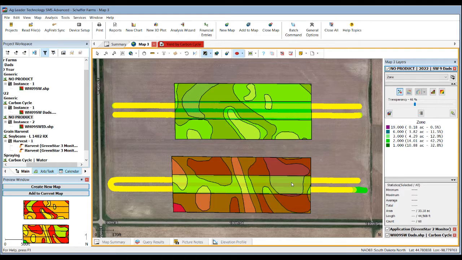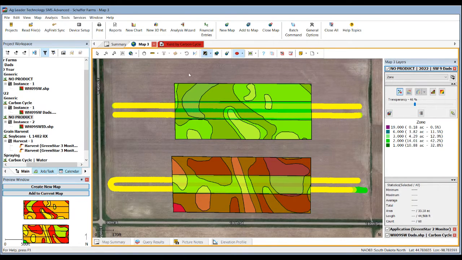Since SMS has given us such good analysis tools, I created in Analysis Wizard, because I have SMS Advanced, a way to analyze the harvest data by comparing both the management zone type, which would be 1, 2, 3, 6, or 19, against the Carbon Cycle areas, which would be 1, 2, 3, and 4.